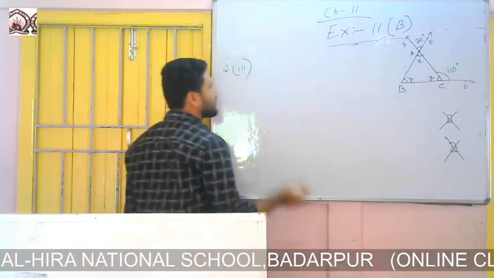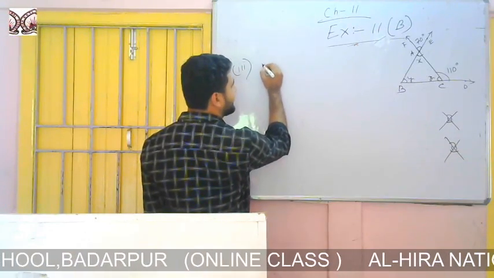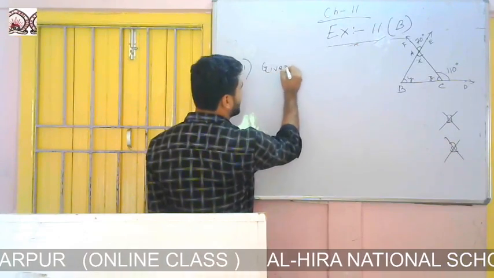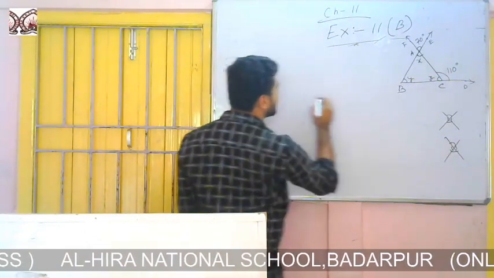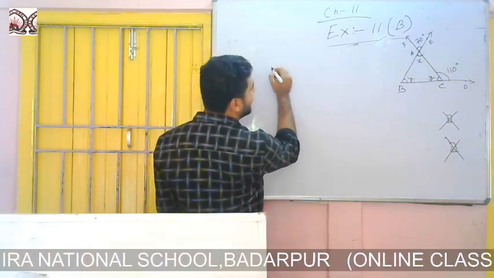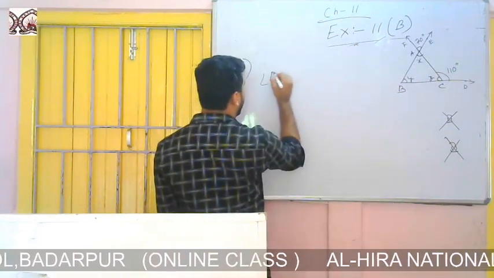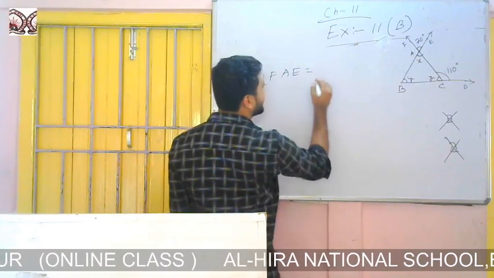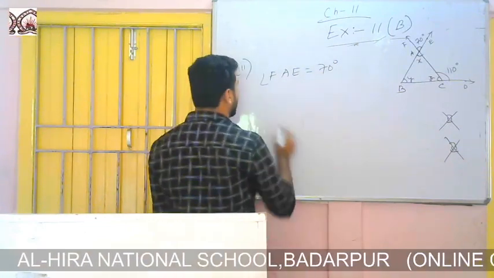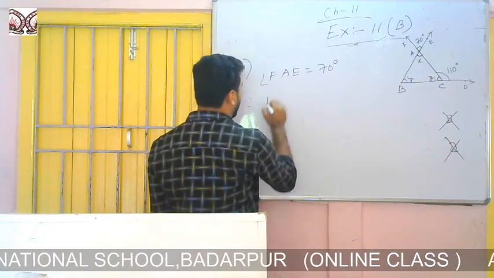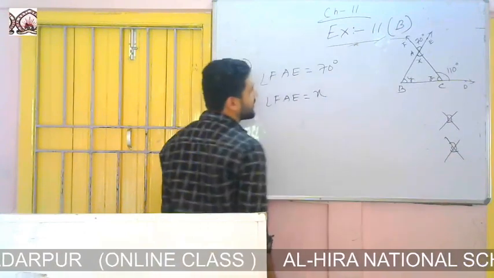So you can write vertically opposite angle. Not given directly, you write angle A, or you can say angle FAE equals 70 degree. Therefore angle FAE equals x.